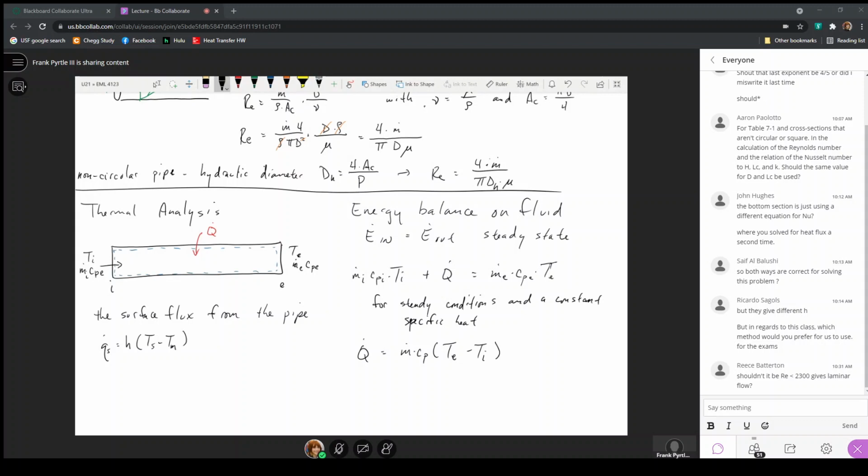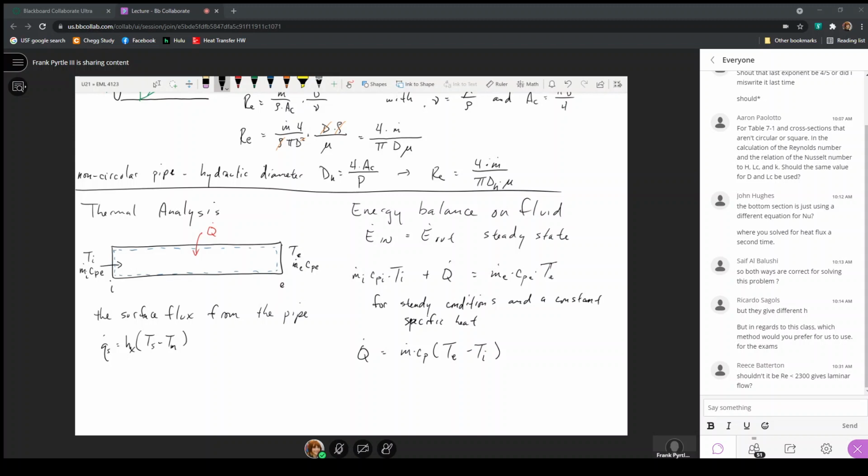Now that heat flux, defined as a heat transfer coefficient times Ts minus Tm, well, recall that in the figure for the expression of h as a function of x, the heat transfer coefficient varies as a function of x. So I'm going to put a subscript here on x, because if we're in the thermal entry region length, h varies from an infinite value at the inlet, and it decreases until we get to the thermally fully developed condition, where h then becomes a constant.